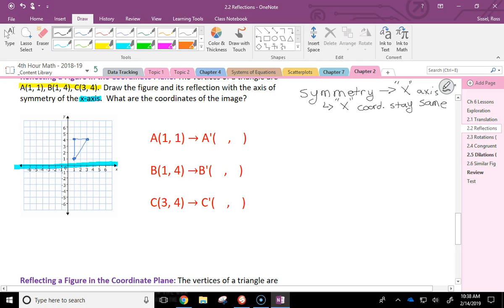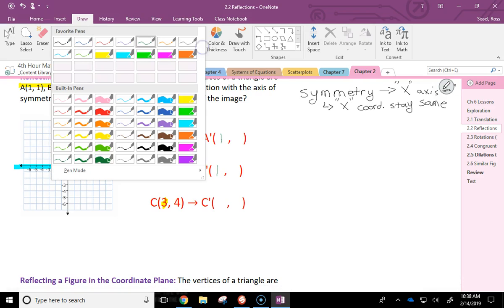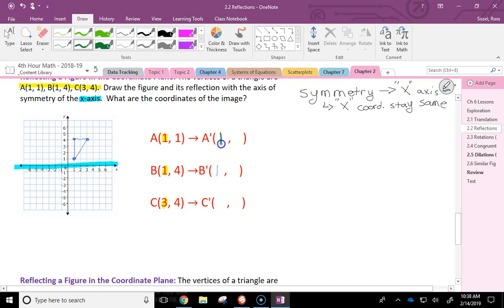Which means when I go to A, these are my x coordinates. So they are going to stay the same. 1, 1. I want this to be thicker. Let's do this. 1, 1. Oops. 3. So my x coordinates stayed the same.